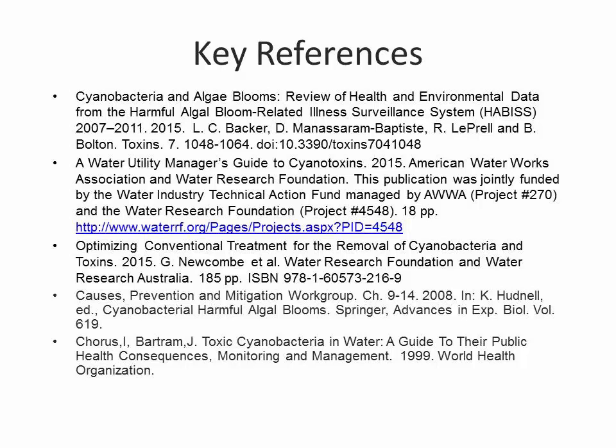The references for that are the following. American Water Works Association, this document, Optimizing Conventional Treatment. This is Australia. And then there are chapters 9 through 14 in the big USEPA book, too.